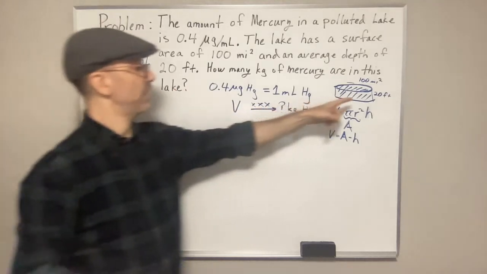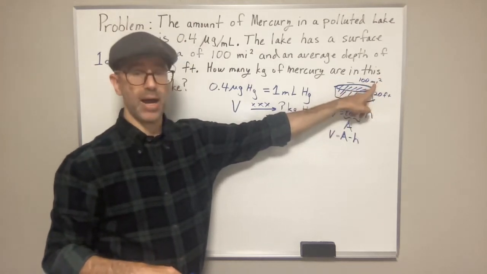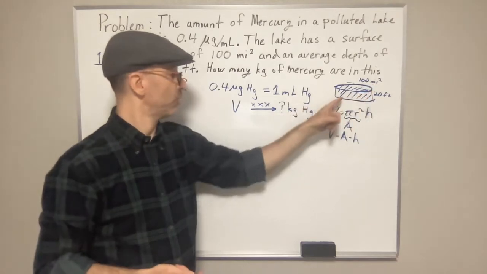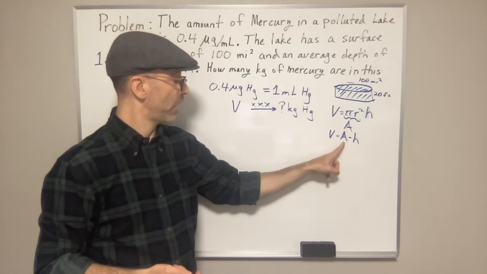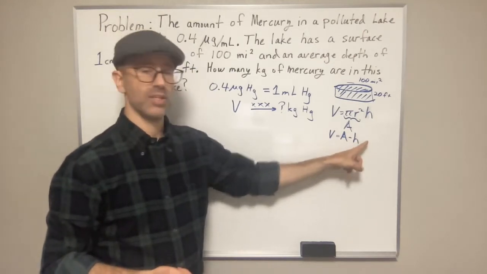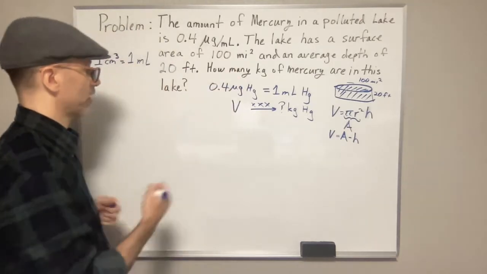Which means that we're going to have to convert feet to centimeters, and miles to centimeters as well. That way, when we do our multiplication, centimeters squared multiplied by centimeters is going to give us centimeters cubed. So we're going to have to do some calculations.